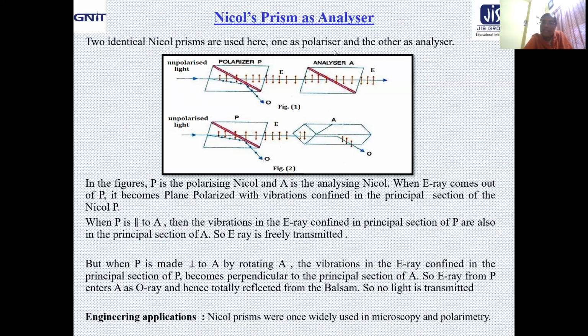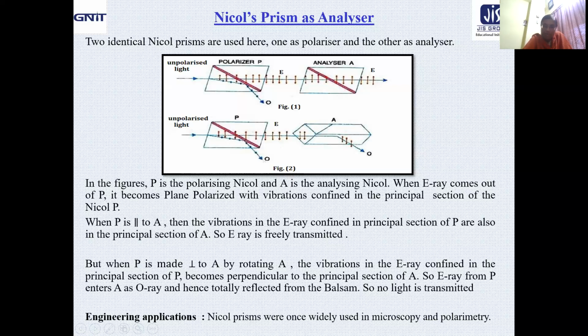In this orientation, the combination is giving parallel alignment and maximum intensity of the polarized light, and in the second one this combination is working as crossed alignment and we are getting no light at all, as expected from the basic principle of working of polarized light, isn't that? So I hope you are understanding how Nicol acts as polarizer, and how Nicol acts as analyzer.